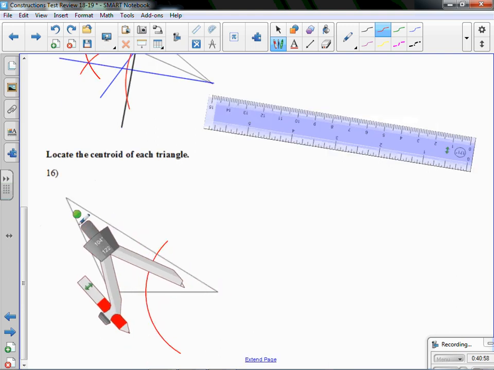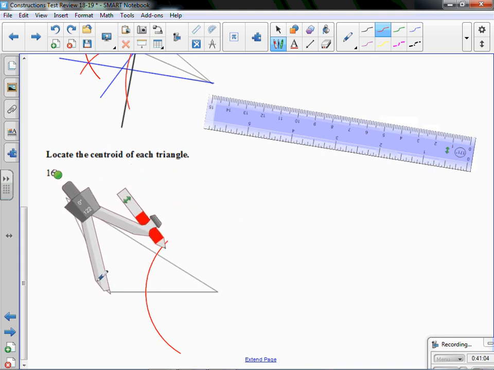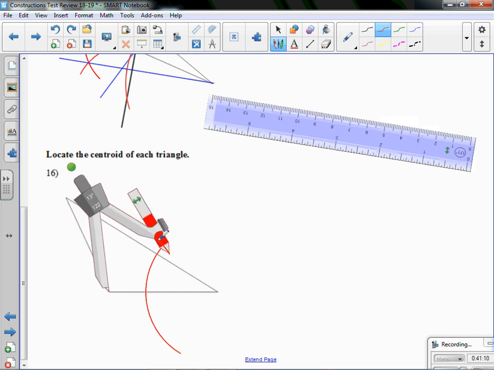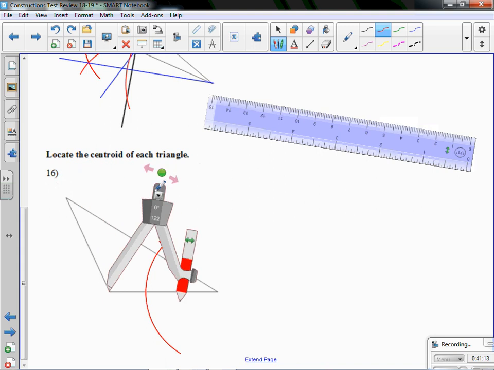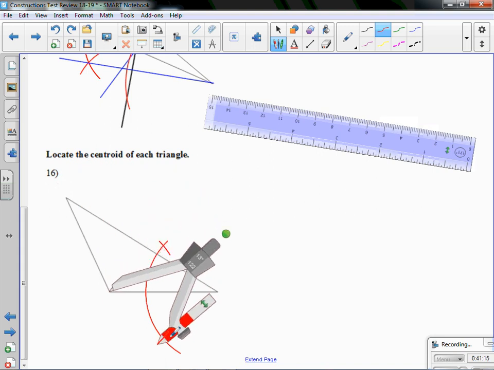Then we're going to go to the other endpoint, point of our compass at that endpoint, mark off where we intersect that arc, there and down here.